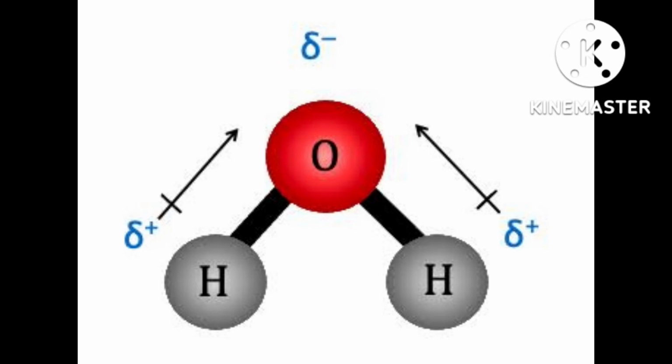For example, HCl: in HCl, the ionic character is around 20-something percent, and the rest is covalent character. You can't think that covalent means 100% covalent, or ionic means 100% ionic. Not like this, because it depends on the situation of the electron pair.